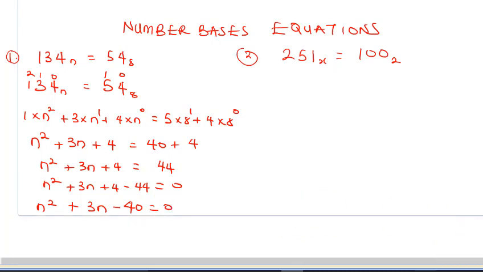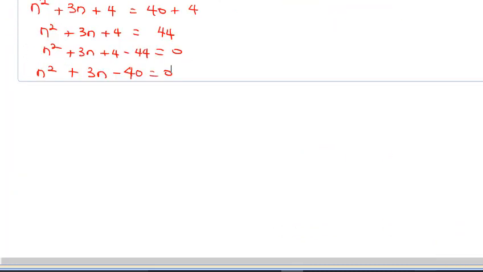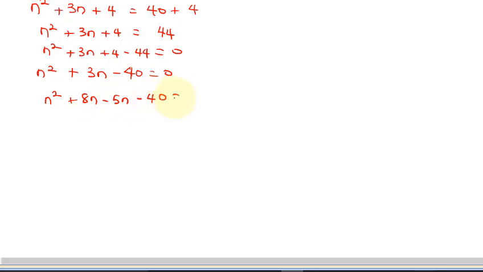The next thing is to solve this quadratic equation. I assume you know this, so I'm going to use the factorization method. So n squared, and now I have to look for what will give me 3n, so I'll use plus 8n minus 5n minus 40 equals 0. Factorizing, n is out, n plus 8 into minus 5 into n plus 8, so we get n minus 5 into n plus 8 equals 0.